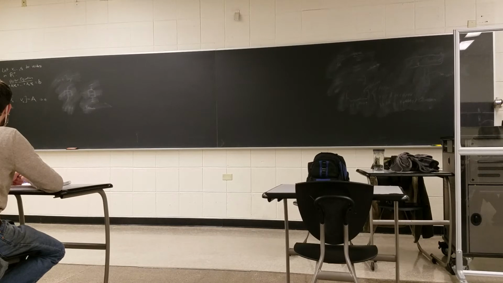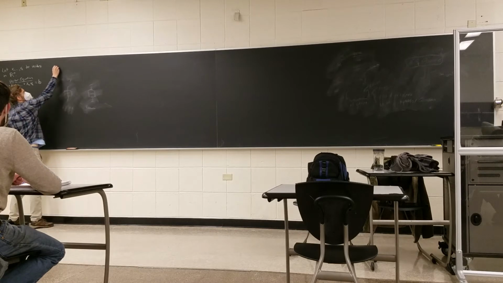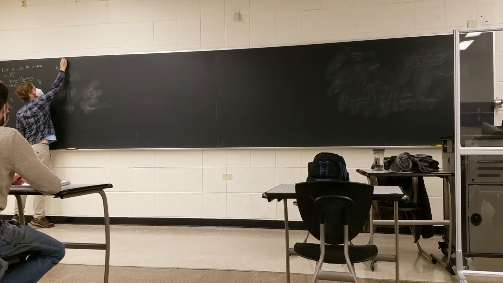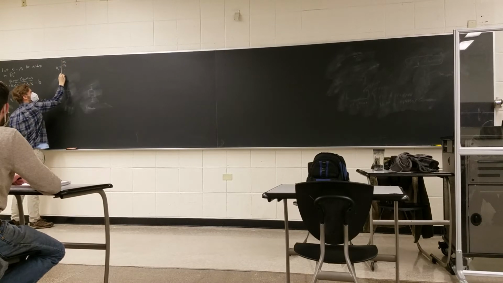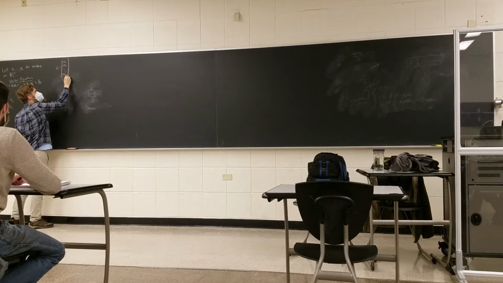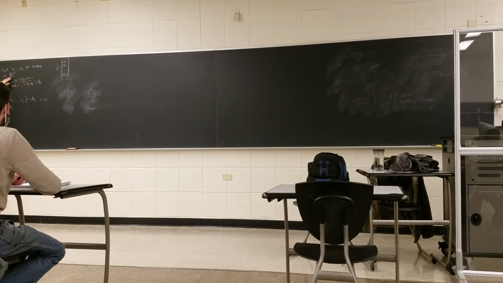The columns of this matrix are these vectors. The vector v1 is equal to, I'll call the entries alpha 1, alpha 2, up to alpha n. Because these come from Rn, each of these columns has a height of n.